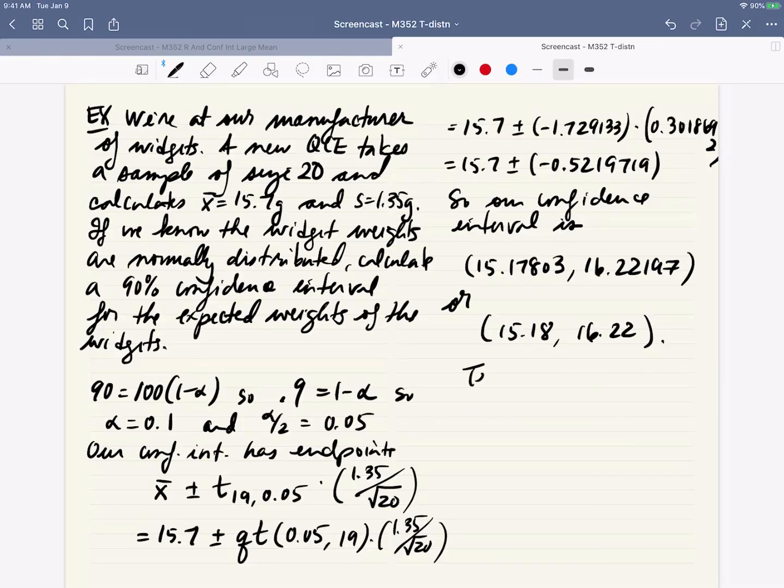So we just saw from the textbook, the t-value it tells us for 19 degrees of freedom and an alpha of 0.05 is 1.729. And in the t-distribution, this number represents the number above which we have an area of 0.05.